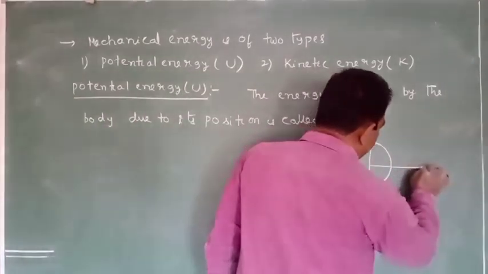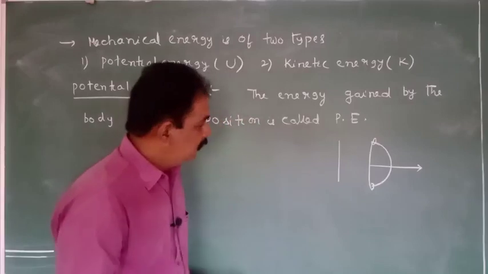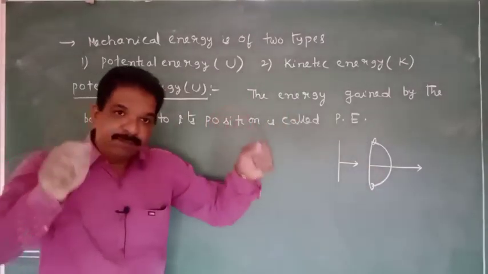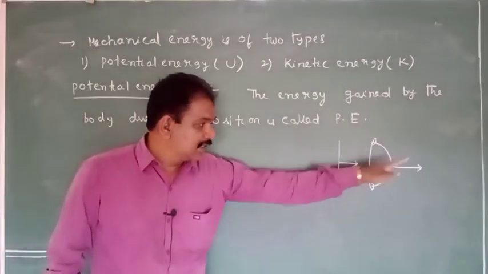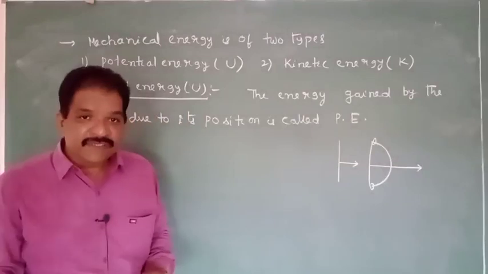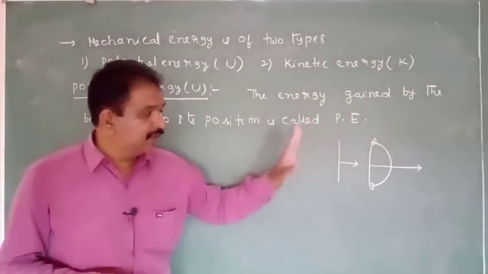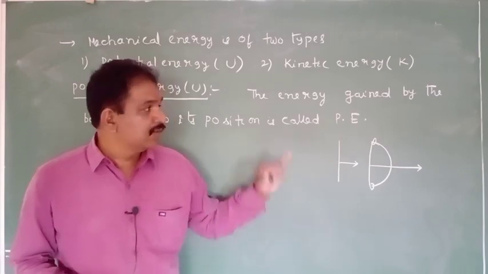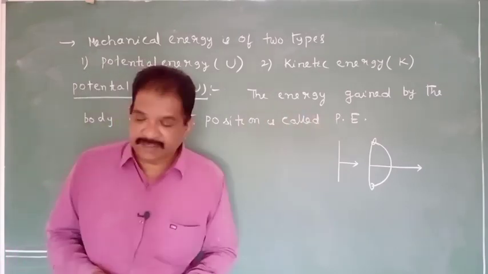We can send arrows through it. We cannot send arrows through the straight stick, but if you bend the stick, we can send arrows from that stick. Because of its state, it acquires some energy. That energy will be called the potential energy.